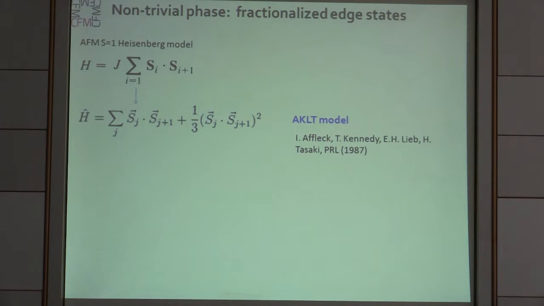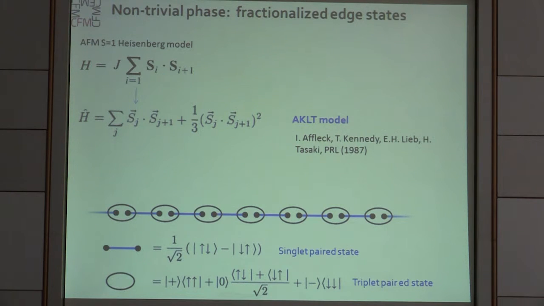And what they describe using a very smart description is that this spin-1 chain with this extra term can be described as spin-1 objects that are built as two spin-1/2.